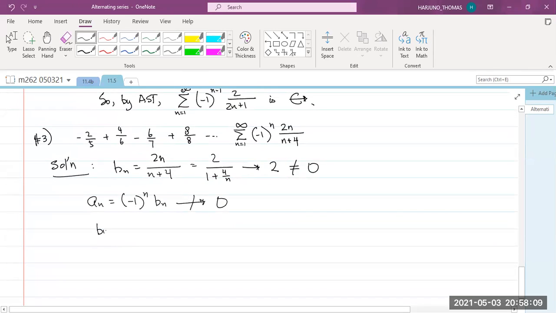By the test for divergence, the series is divergent.